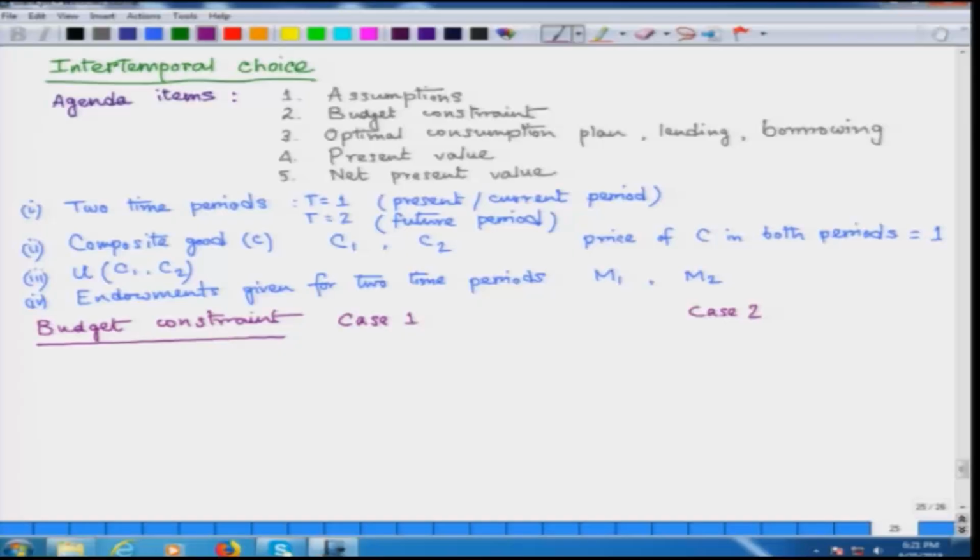So, the consumer can do some borrowing and lending. Let us have a look at these two cases individually. First we are going to consider the case of no borrowing and lending.